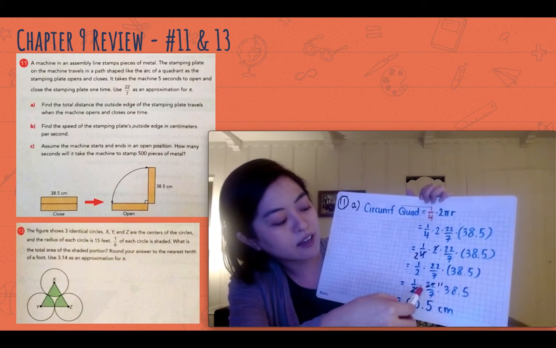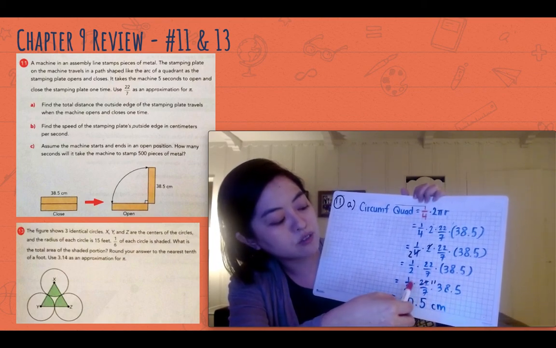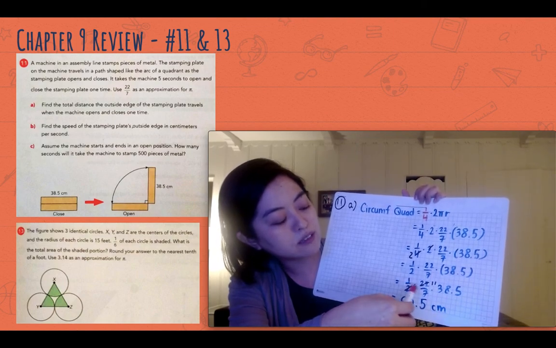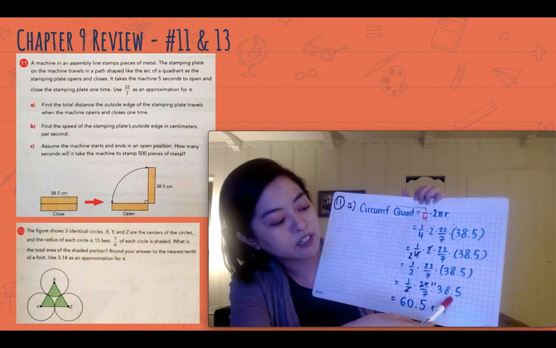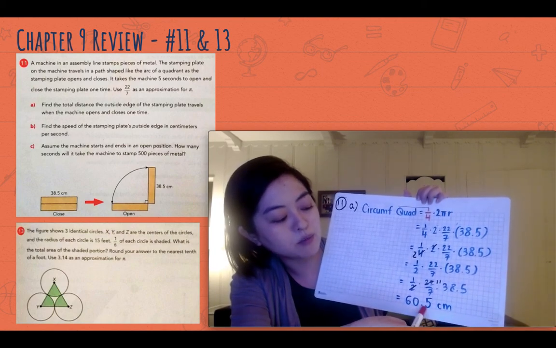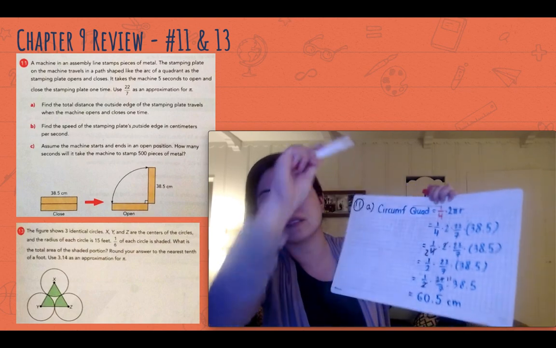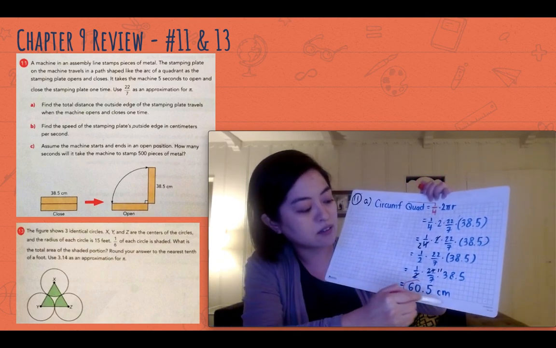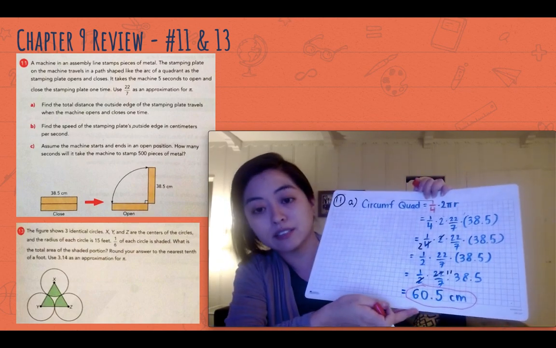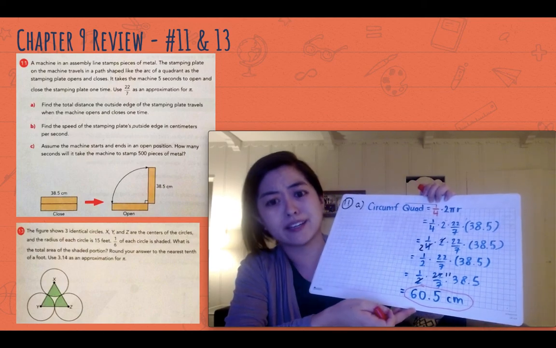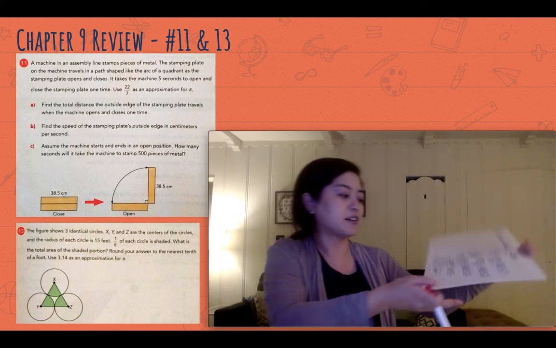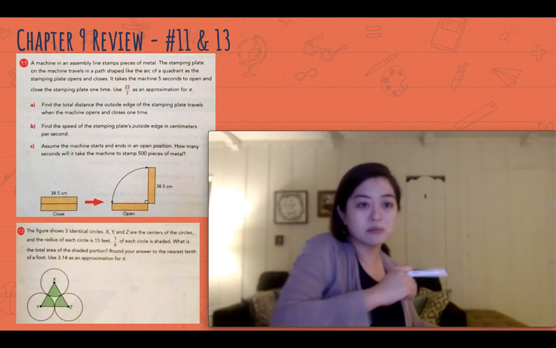And then I like that because I can do 22 divided by 2. So then this is 11. So 11/7 times 38.5 is 60.5 centimeters as my circumference of the quadrant. Just that arc. That quadrant arc, I guess. All right, so that's part A.